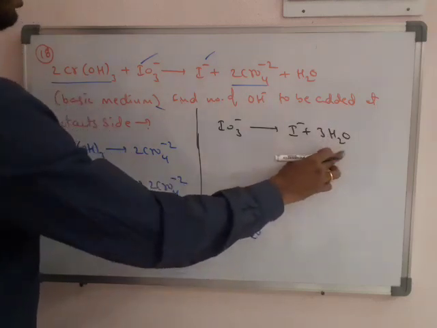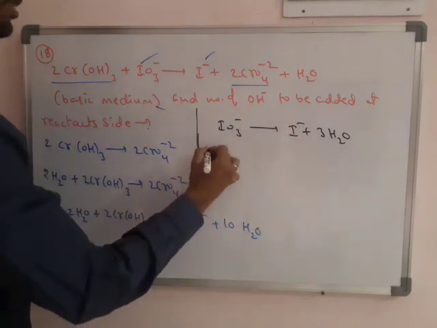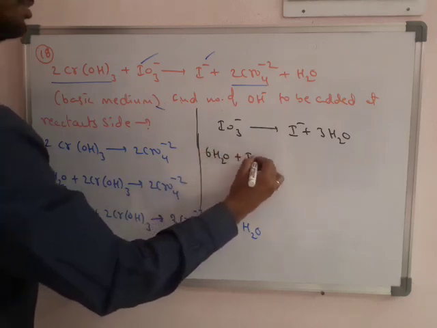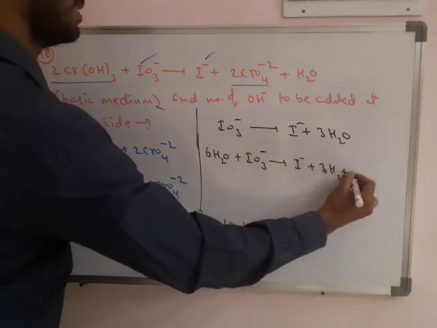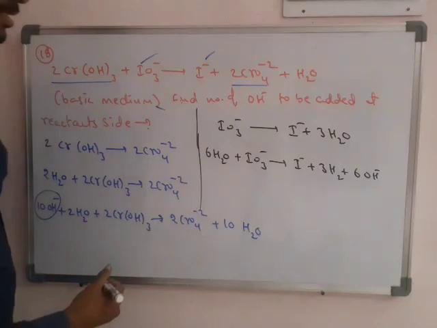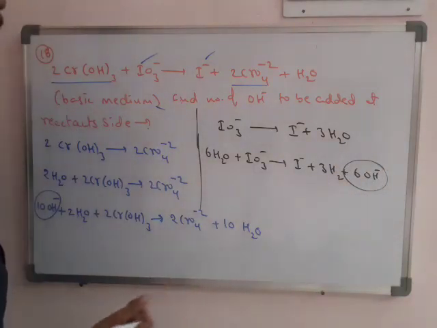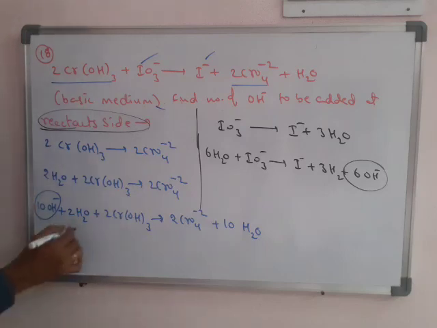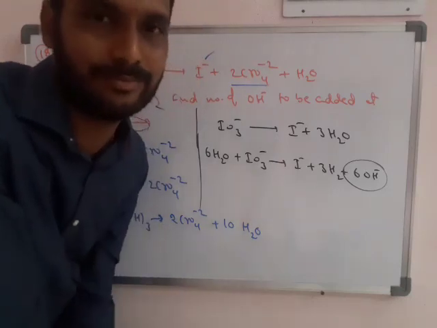Here there are 6 hydrogens, there are no hydrogens, so we have to take 6 H2Os and in the opposite direction add the same number of OH minus ions. Means in this reaction we are getting the addition of hydrogens at the right side, but the question asks only for the number of OH minus added at the left side. So the number of OH minus ions added is equal to 10.